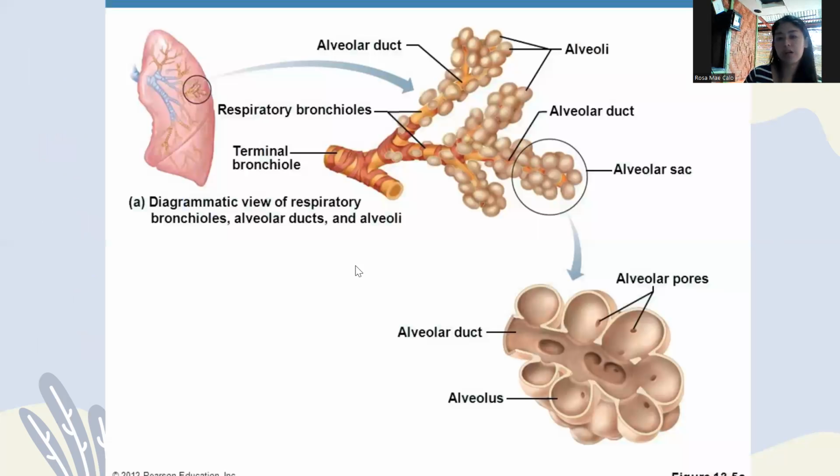This is an illustration of the bronchial tree division. We can see here the alveolar duct, the alveoli, the alveolar sac, this one inside the circle, and the terminal bronchiole. Inside the alveolar sac, you can see the alveolar pores, the alveolar duct, and also the alveolus.